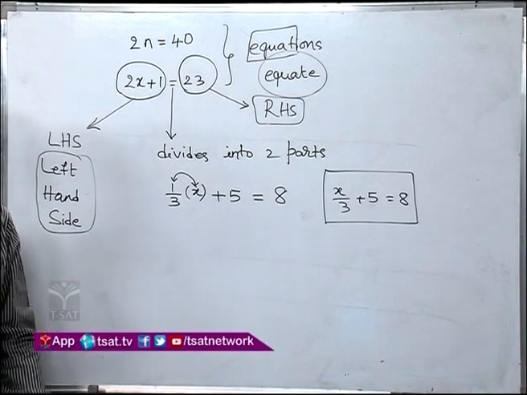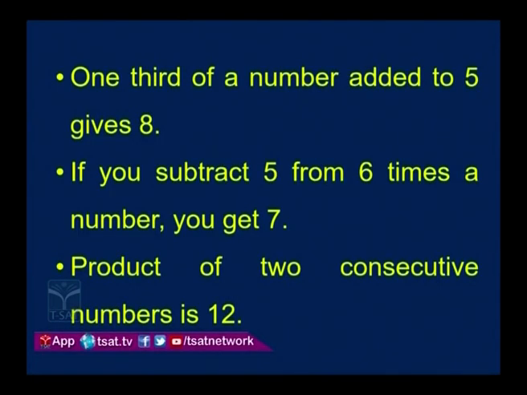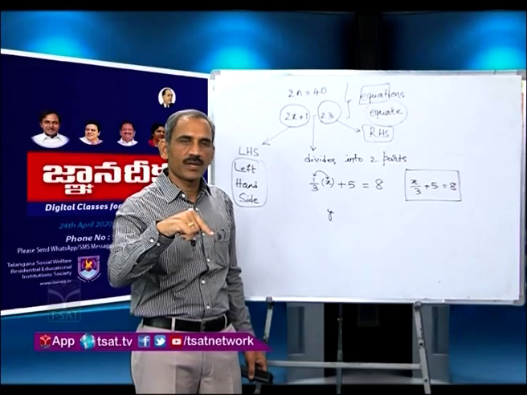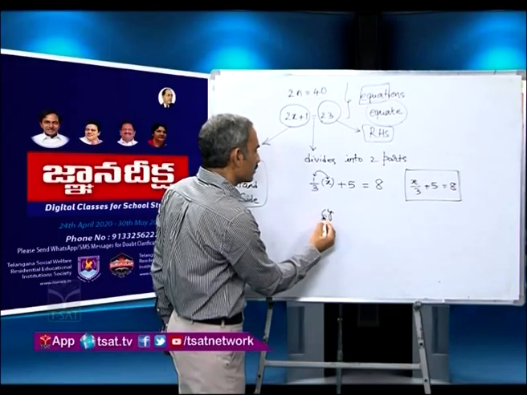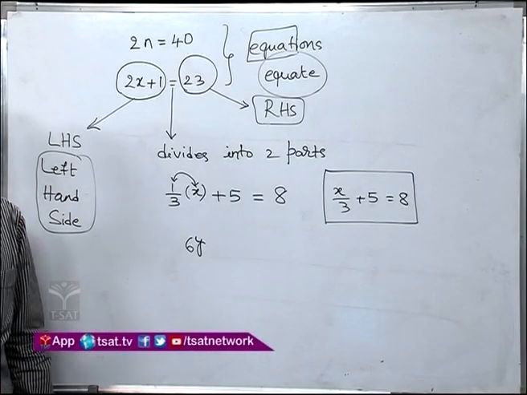If you look at the second statement, if you subtract 5 from 6 times a number, you get 7. You are subtracting 5 from 6 times a number. Here also we don't know the number. Let us take the number as y. 6 times a number means you have to multiply 6 into y.